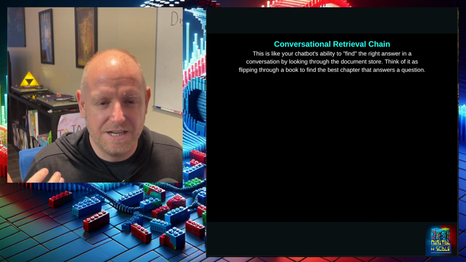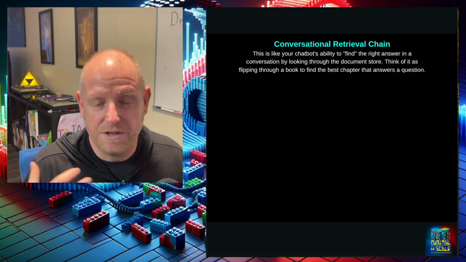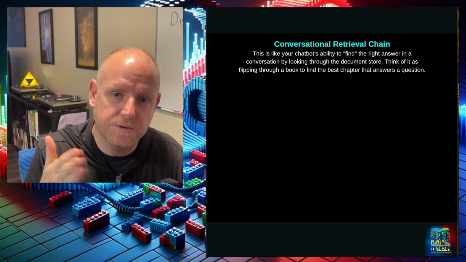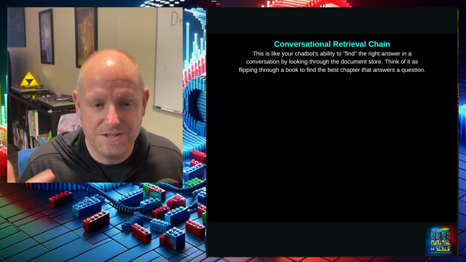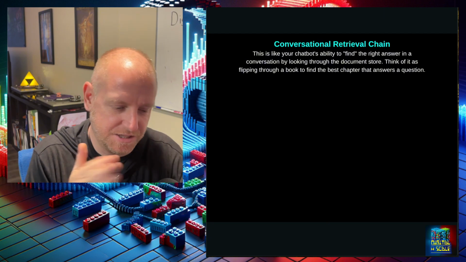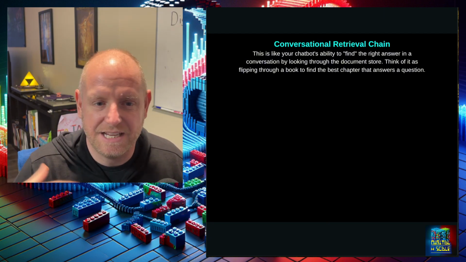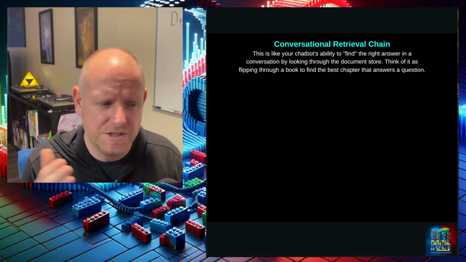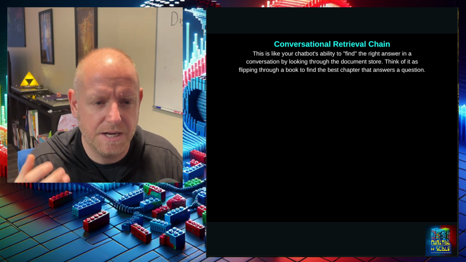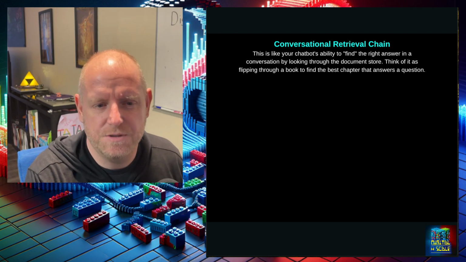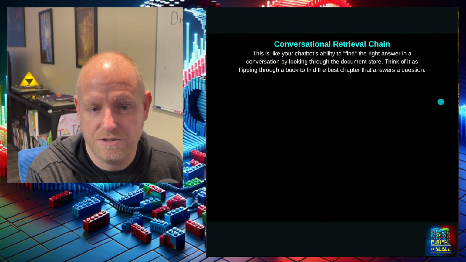It's like you're taking an open book test, flipping through all of the pages. It's your ability to flip through the books, and it keeps instructions: what am I looking for, what am I not looking for? We'll get into that in a minute. It just helps you find the best chapters that answer the question.